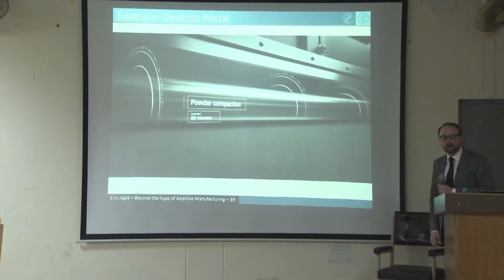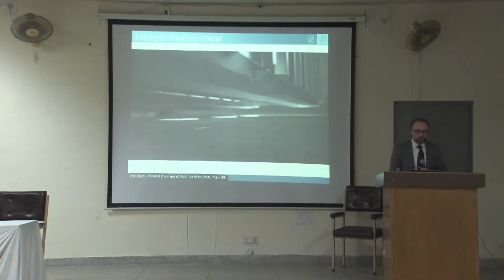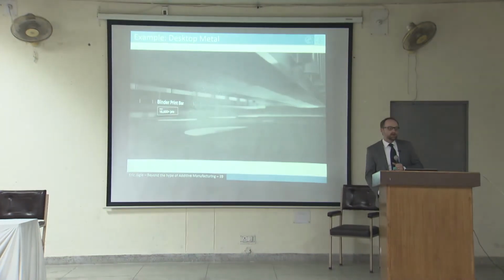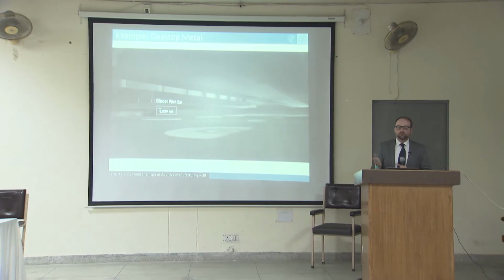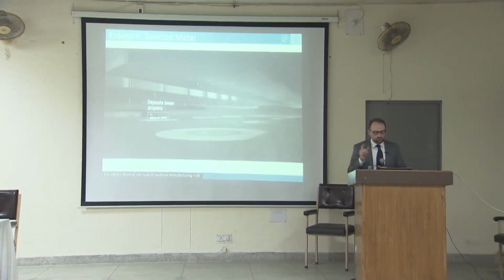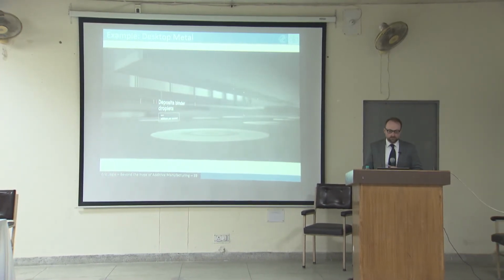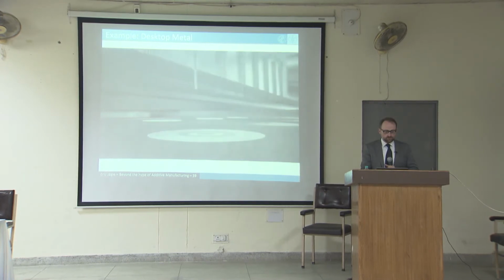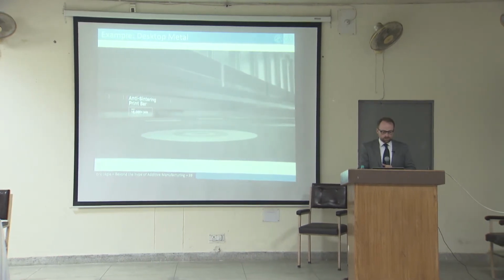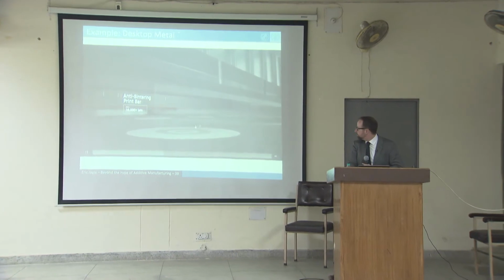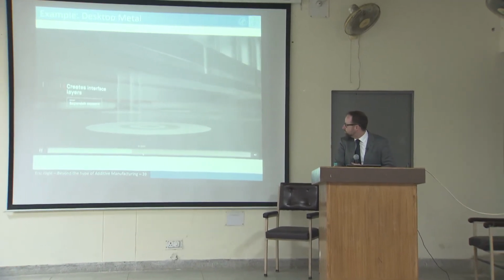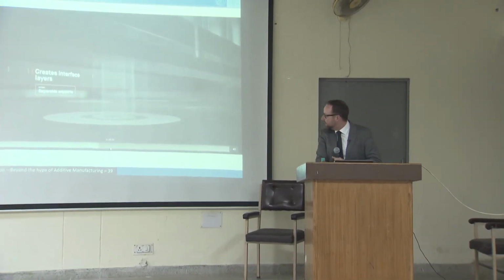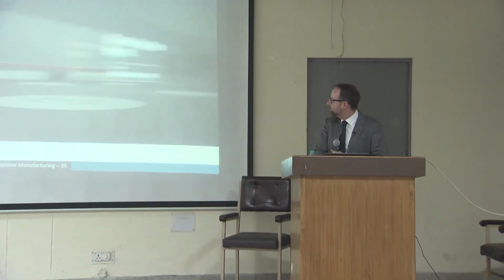And then the actual binder is selectively deposited with a print head that is very simple, very similar to an inkjet 2D paper printer. And then the binder needs to be dried, and then you repeat this over and over again.